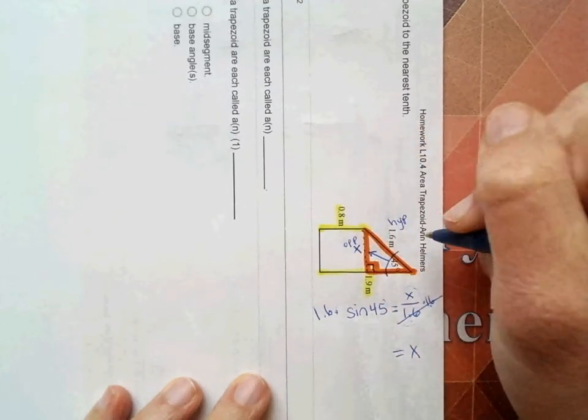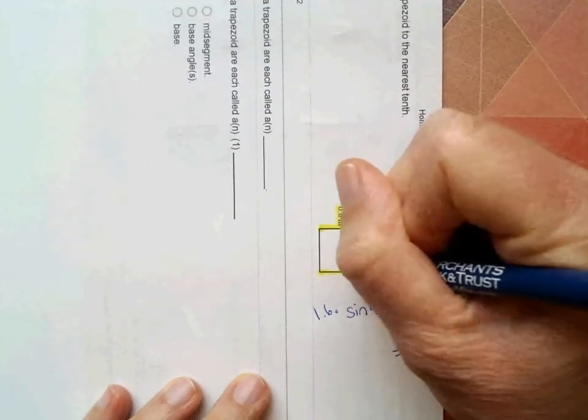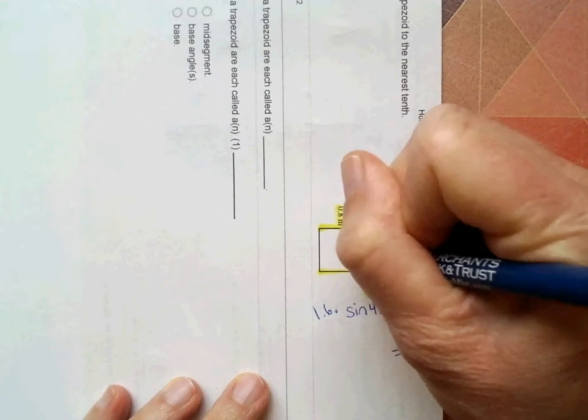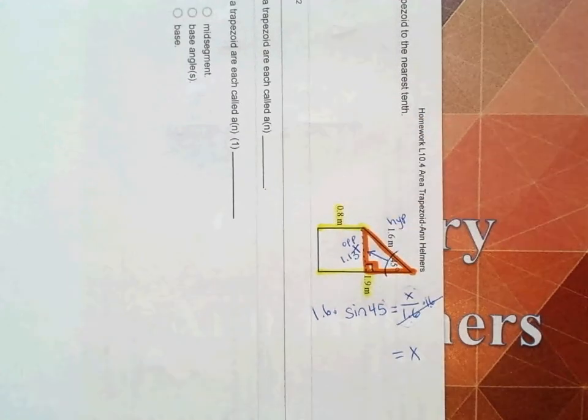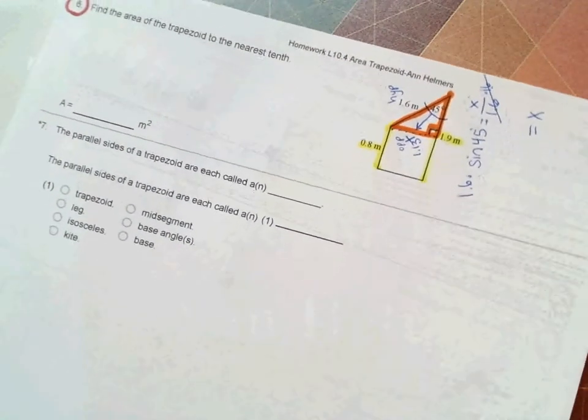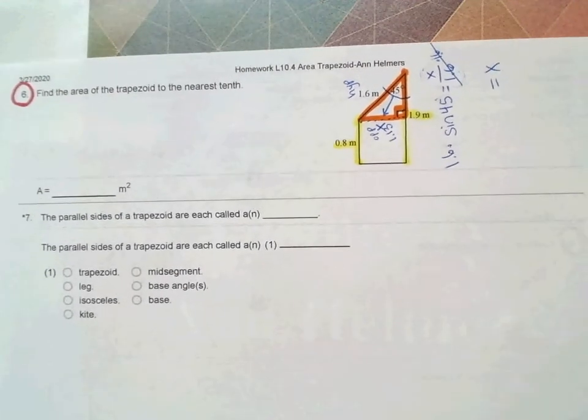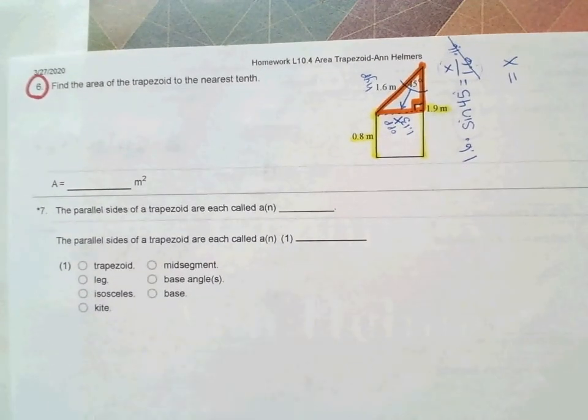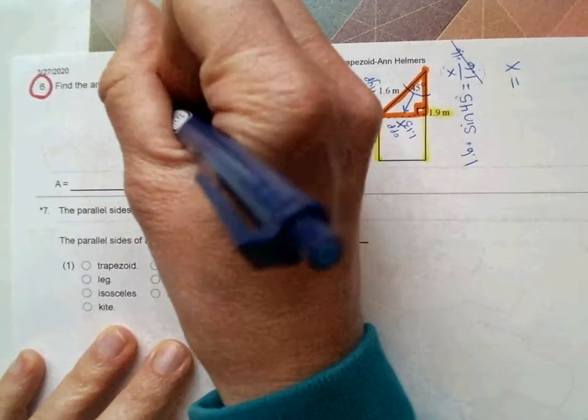So this is going to be 1.13. Now, this one might give you a rounding error. If this one gives you a rounding error, and you did it correctly, but you're off by a hair, just keep going. I can fix it. Okay, so now let's go back.